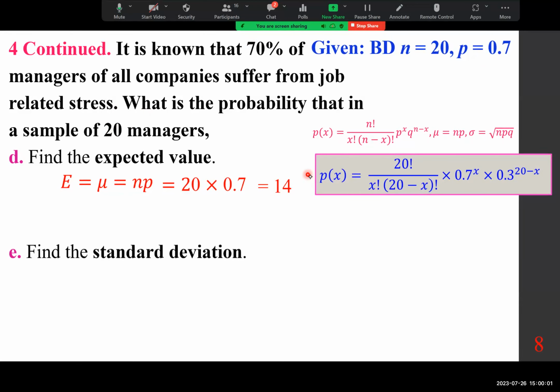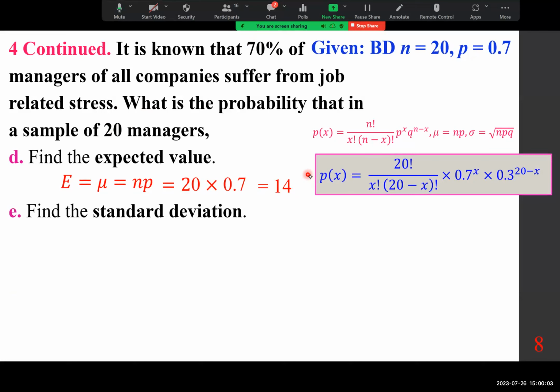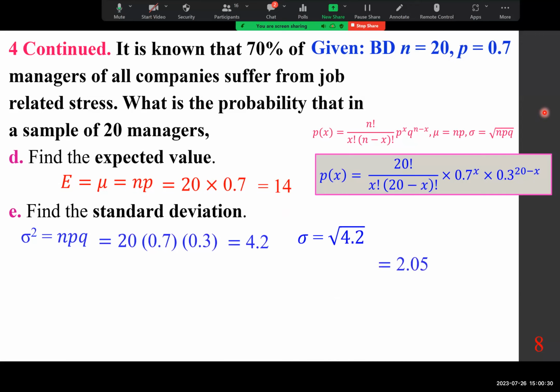We want to find the standard deviation, and sigma is the square root of NPQ. So 20 times 0.7 times Q, which is 0.3, becomes 4.2. Now you take the square root of that. And the square root of 4.2, if you go with 1 or 2 decimals, perhaps is okay.